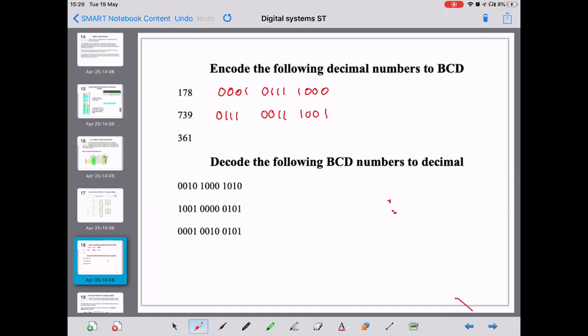He's hanging back. Nathan? 0 0 1 1. Yeah. 0 1 1 0. Yeah. 0 0 0 1.